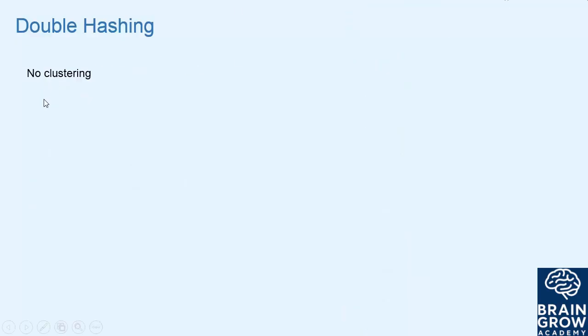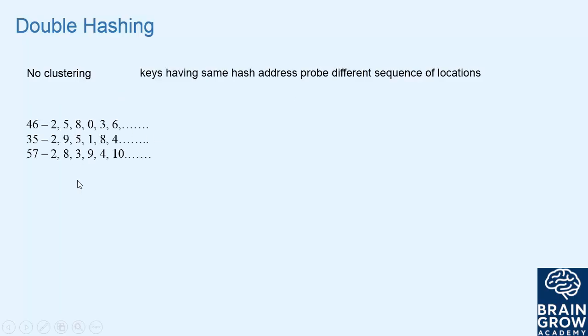Now in double hashing, there is no problem of primary or secondary clustering. This is because the keys that have the same initial hash address probe different sequences of locations. For example, these keys 46, 35 and 57 all are mapped to the same hash address 2 by the primary hash function, but their probe sequences are different.